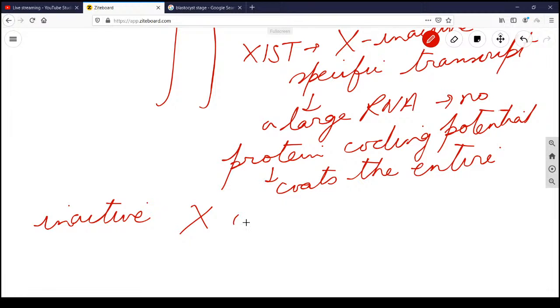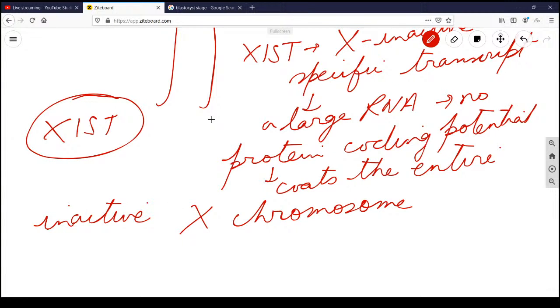So whenever that question comes in the NEET examination, you should tick that XIST causes X chromosome inactivation, and XIST coats the inactive X chromosome. These two questions can be asked in the NEET examination. It does not allow any further transcription from that chromosome due to steric hindrance.